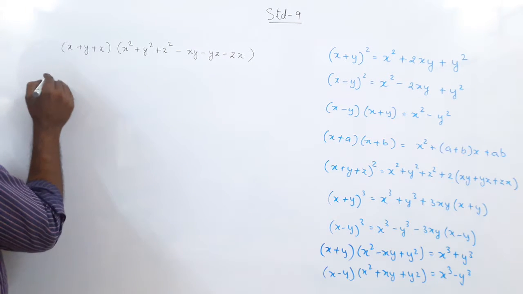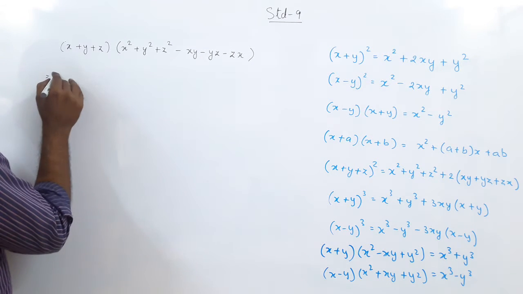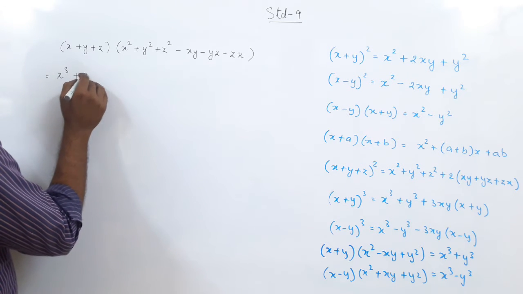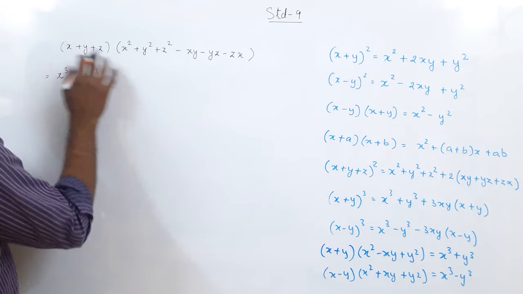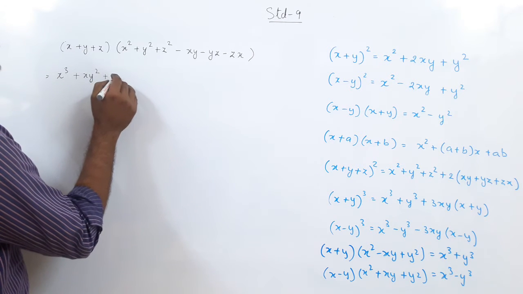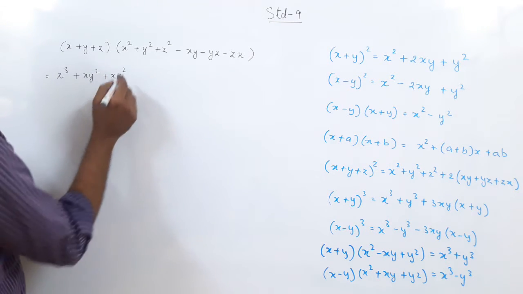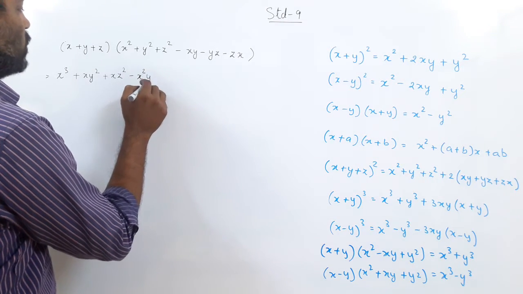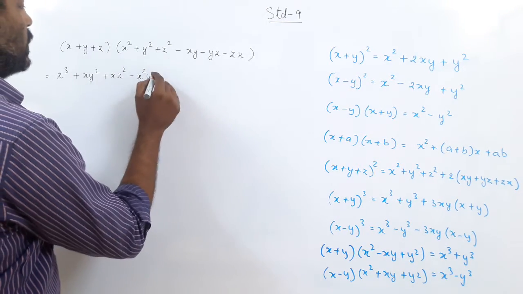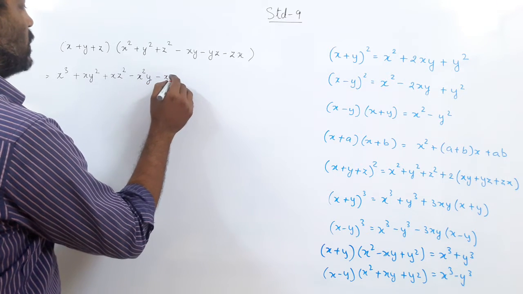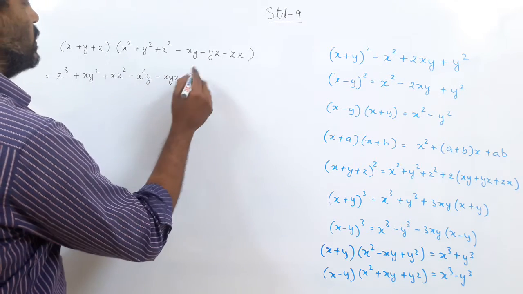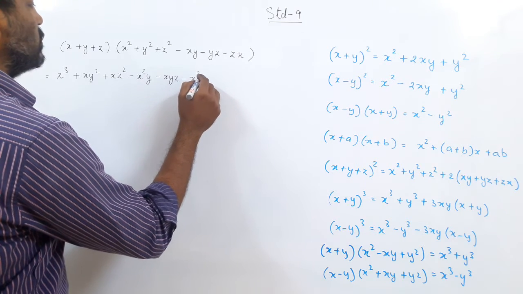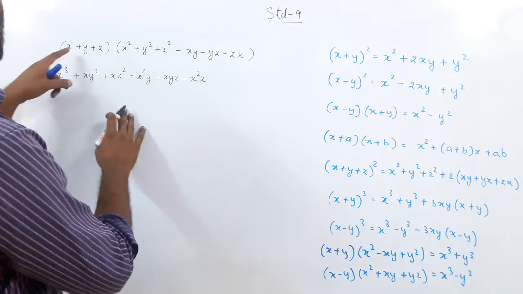So start multiplying. x into x square is x cube. x into y square is xy square. x into z square is xz square. x into minus xy is minus x square y, x into minus yz is minus xyz, and x into minus zx is minus x square z. Clear?